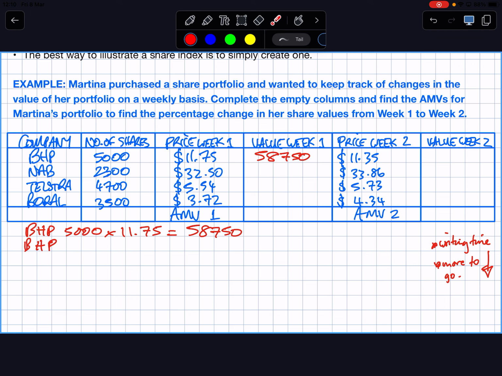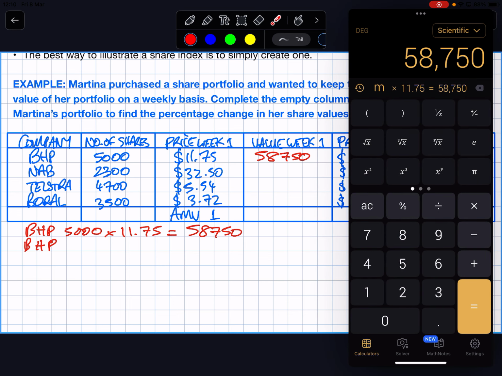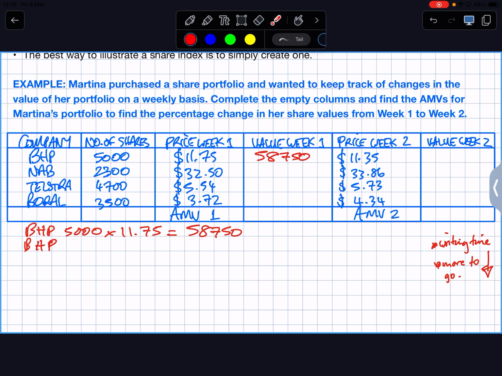The week two one here, $11.35. So $5,000 times by 11.35, I get 56,750. So BHP went down in value. 5,000 times by 11.35 is 56,750.